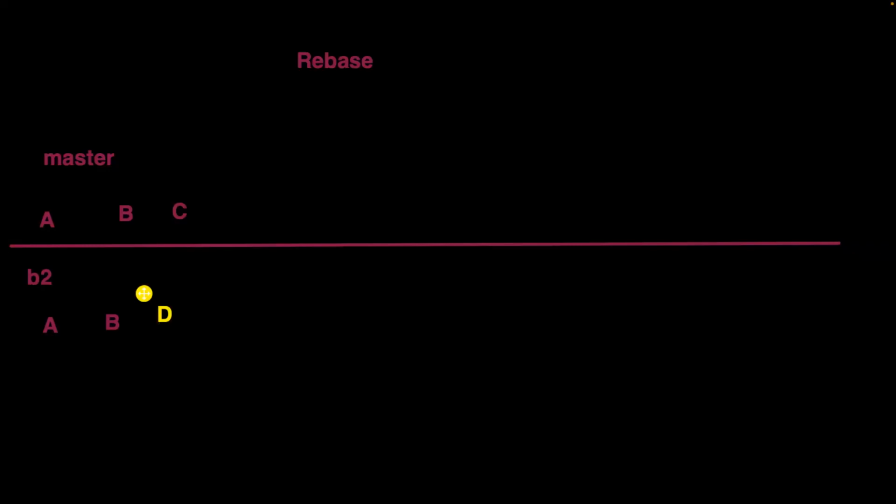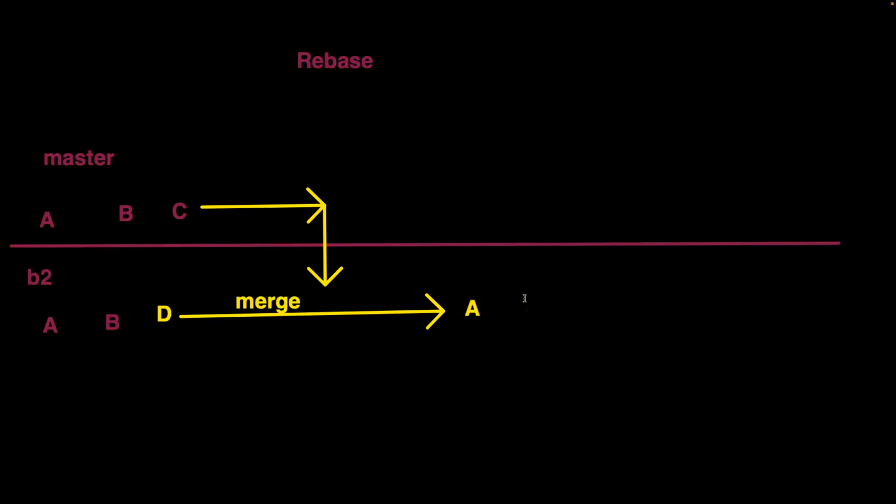After a few days, I realized I want this commit C also here. I want to integrate changes from master to V2. What is that called? Integrating changes from one branch to another? Merge. Called merge, right? So when you merge, have you ever noticed the commit history of the destination branch? Commit history would be something like this.